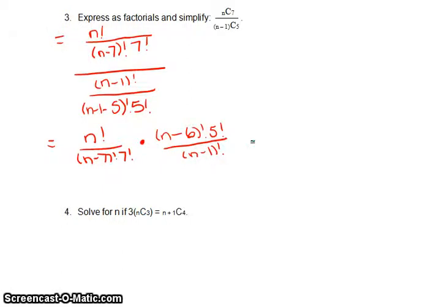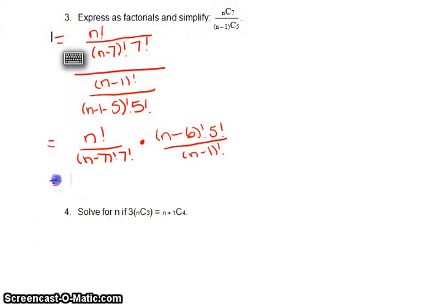And then what we're going to do here is go along the same lines as permutations. So remember how we rewrote n factorial to be n times n minus 1 factorial? We're going to do the same thing with each of these factorials, and we're going to be able to cancel out some like terms. So for n factorial, we can rewrite it so it looks like n minus 1 factorial.